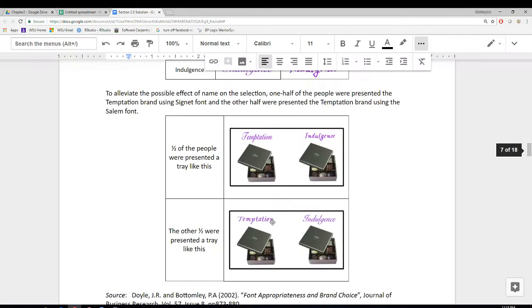They did this crossover here, right? They crossed over the names. They did that to prevent confounding from the name. We want to make sure that they're picking the box of chocolates because of the font and not the name. So that's why they did that switch, or that crossover.